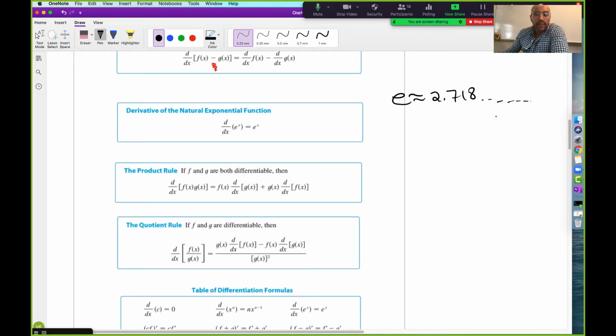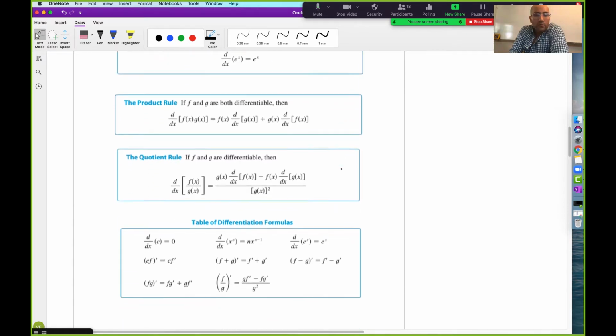There's never a repeating pattern, so it's an irrational number. The reason we care about this number is exactly for this reason. It's the number that satisfies this: the derivative of that function is equal to that function itself. So that's an important property.